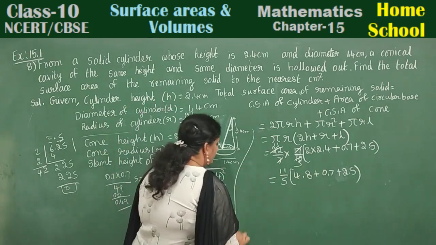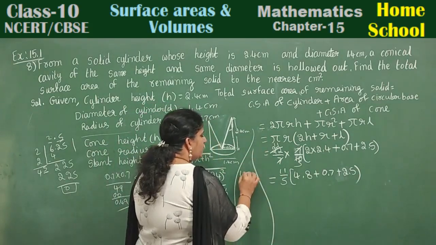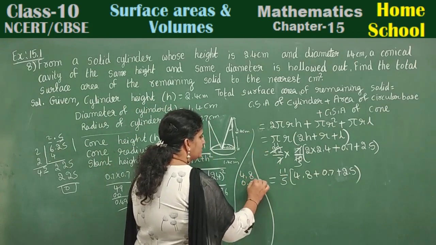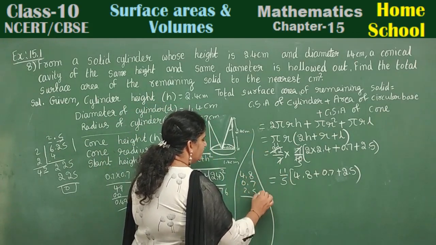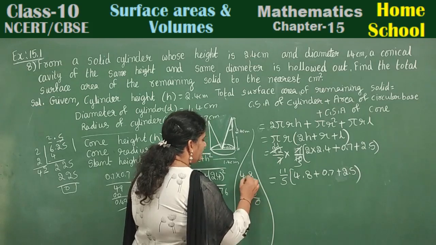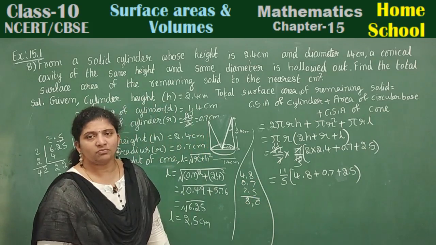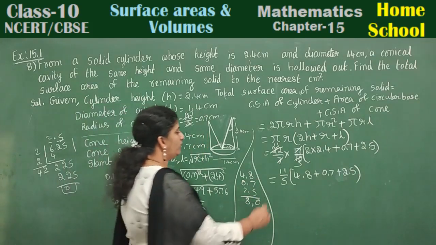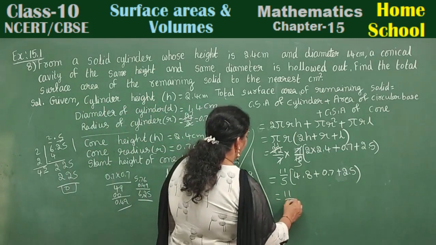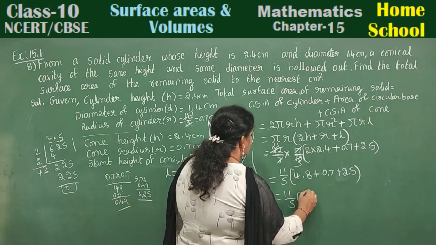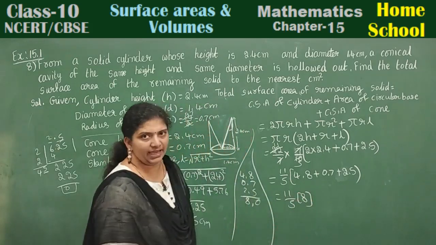So better, let me take a rough column here: 4.8, 0.7, 2.5. That will be 8.0. You can write this as 8.